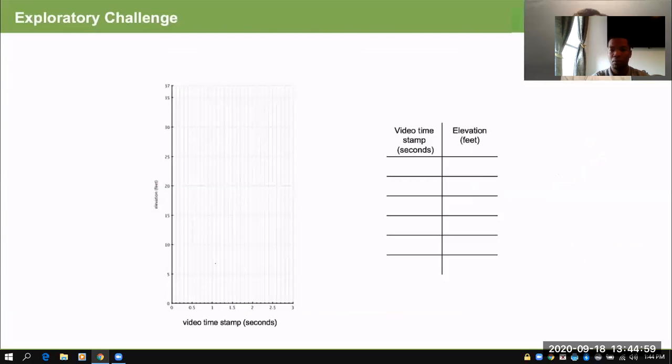Now that you've had an opportunity to create your graph and table of the diver's change in elevation over time, let's take a look at what I've come up with and compare your work to my work.